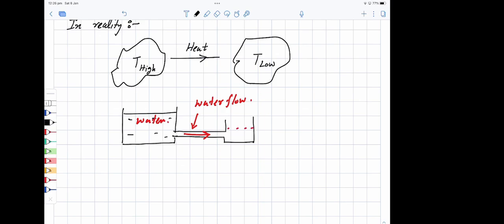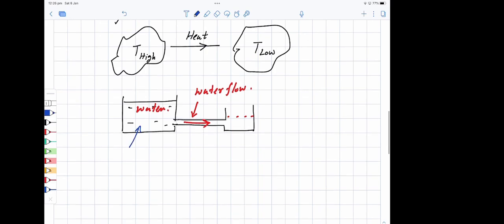Now here what you have is high water pressure, and here you have low water pressure. So you will understand that liquid flows from high pressure to low pressure.